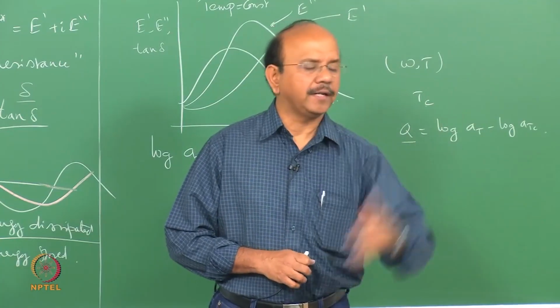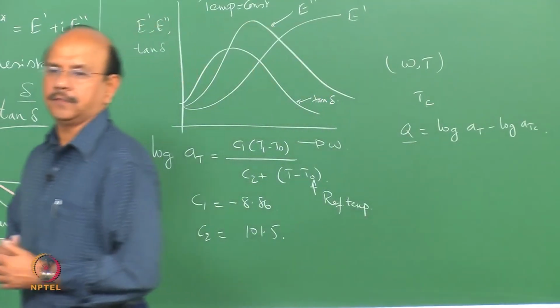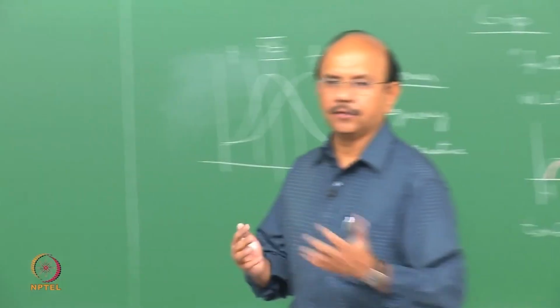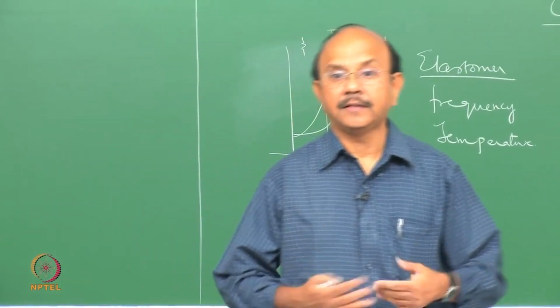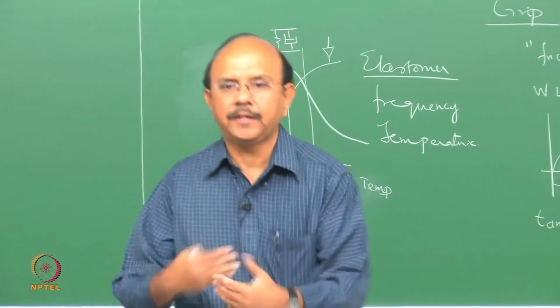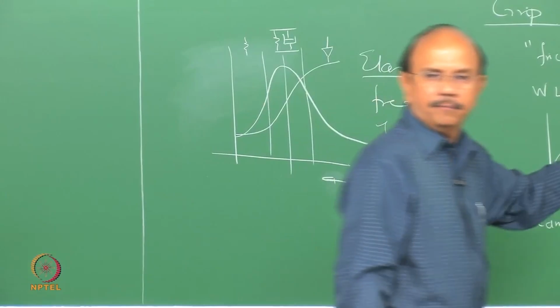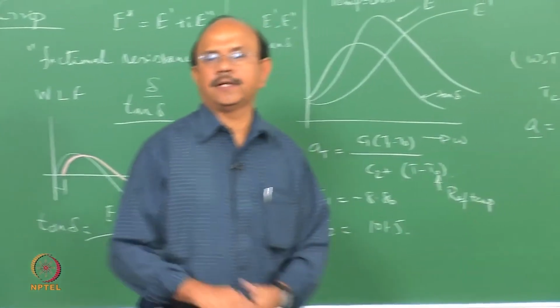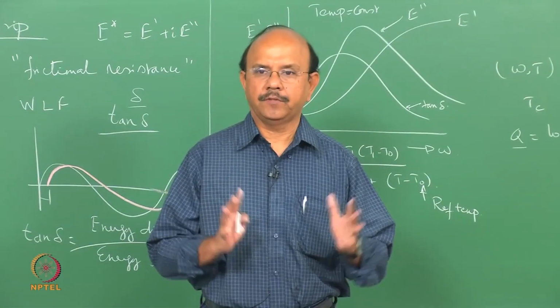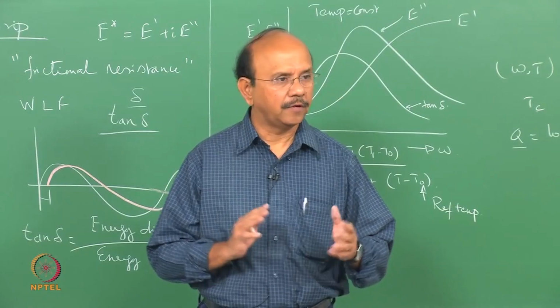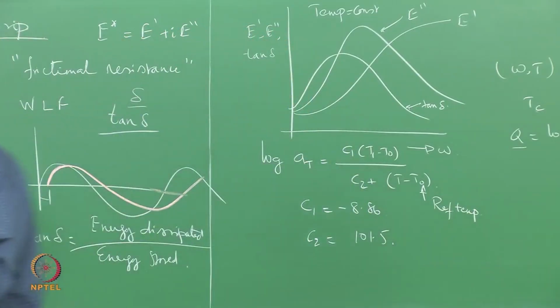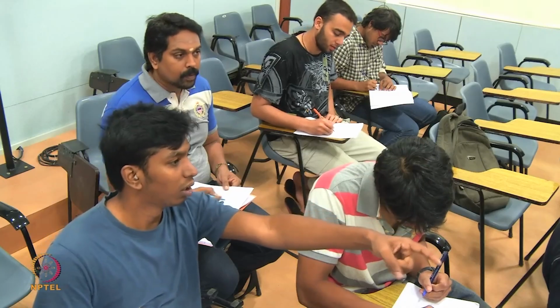And then if I want it at any other temperature, I can determine that not by repeating an experiment, but by using these kinds of shift factors. So that's what WLF tells us.